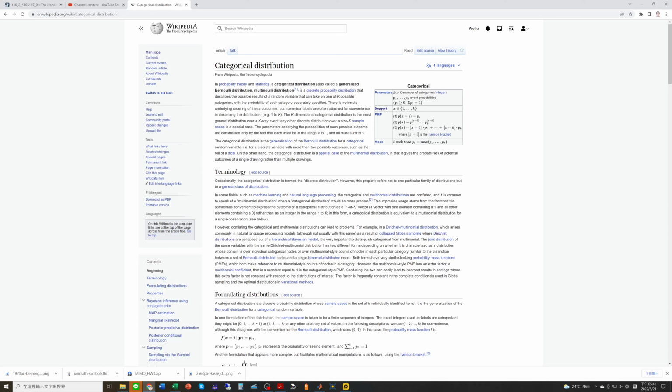Okay, so we only need to know this. I think it is enough. Otherwise, if you want to go into more detail, you can refer to this page.